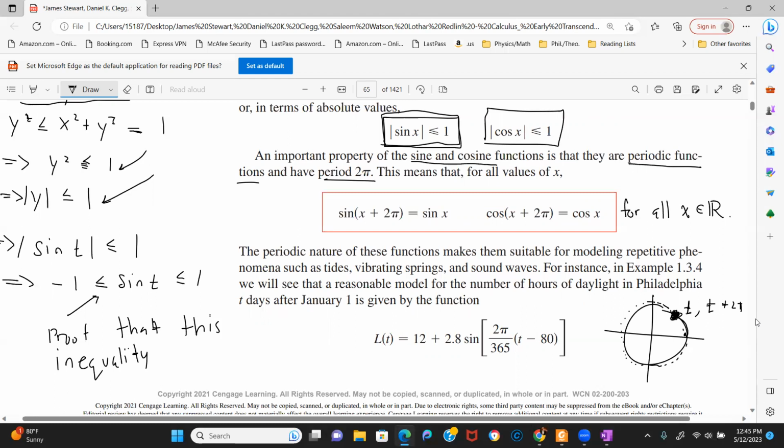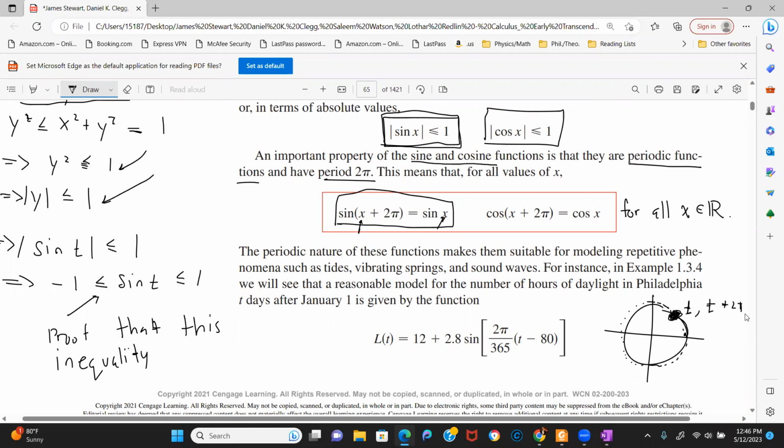And by the same argument, t plus 4 pi, t plus 6 pi, t plus 8 pi, they all determine the same point on the circle. So that's why you have this periodic condition here. And remember, I know that in this book they're using x. Well, x is just a dummy variable. You can replace these equations by t.